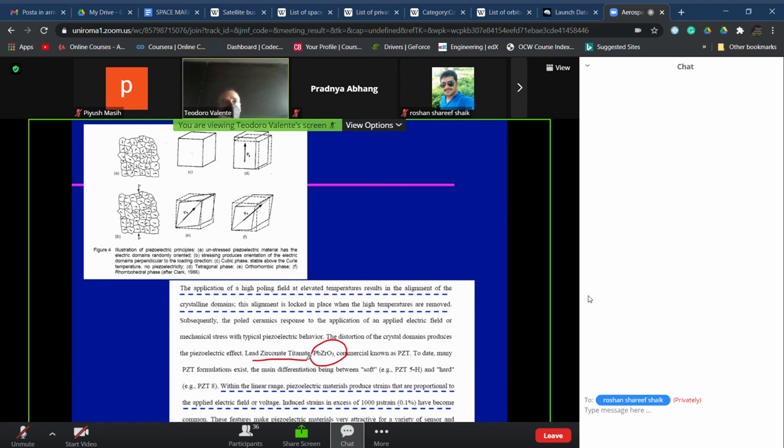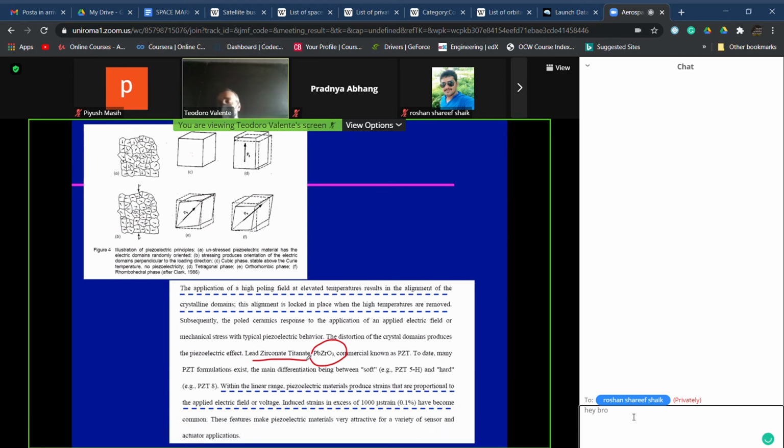And if we are able to measure the voltage, we could say how much is the applied stress.